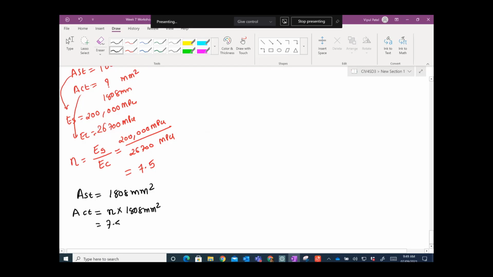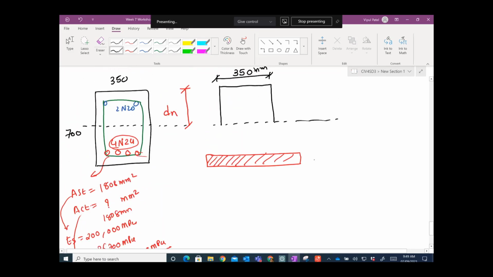So you have 7.5 times 1808 millimeter square. You will get 13560 millimeter square. So in that case, you have the area of this part here.